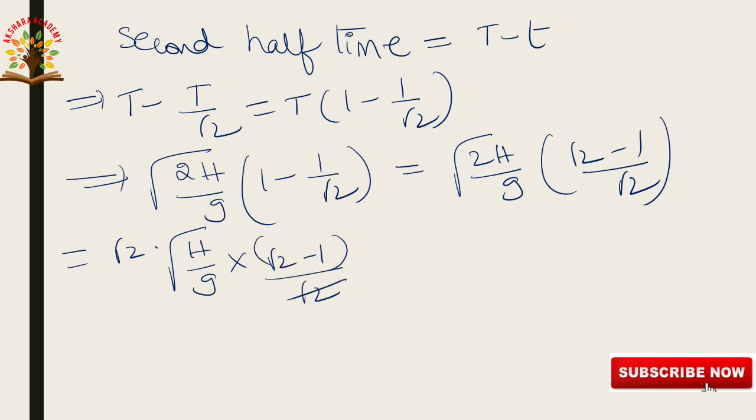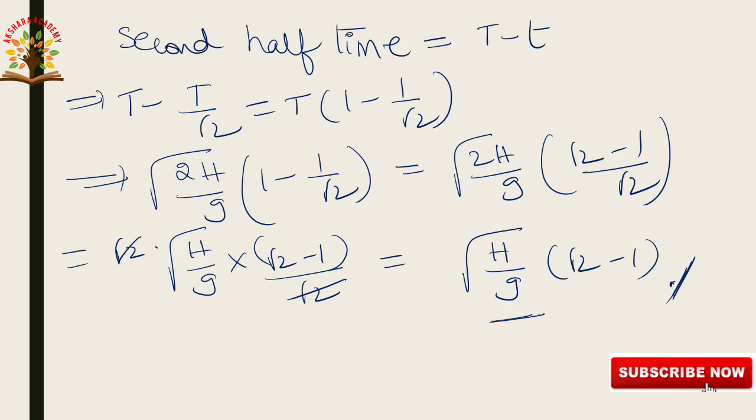Root 2 gets cancelled. So second half time is equal to root h by g into root 2 minus 1. This is the final answer: second half time is equal to square root of h by g into root 2 minus 1.